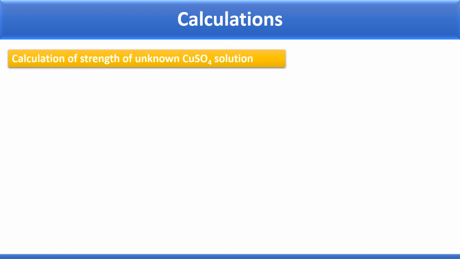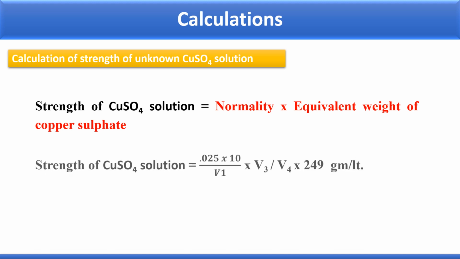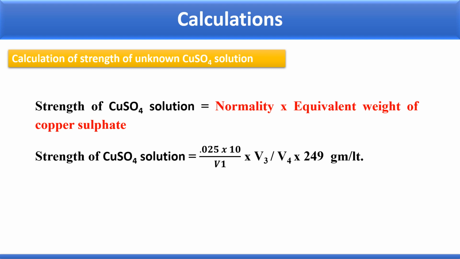Now, by this normality, we can determine the strength of unknown copper sulfate solution. How? We know that the strength of copper sulfate solution is equal to normality multiplied by the equivalent weight of copper sulfate. The equivalent weight of copper sulfate is 249. And the normality is N4, which we determined in our previous step.